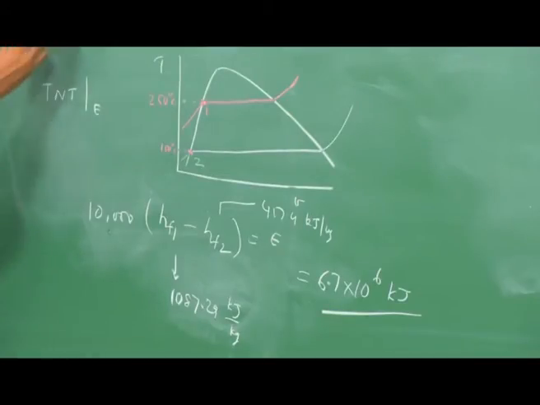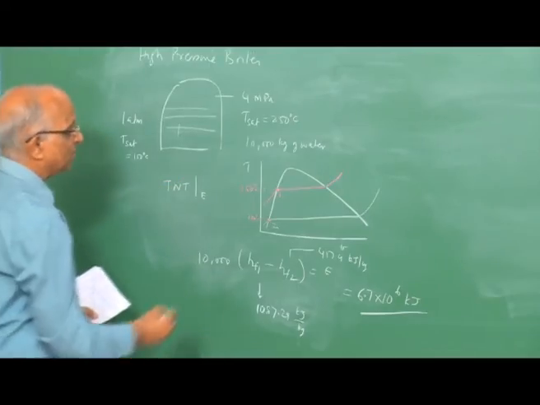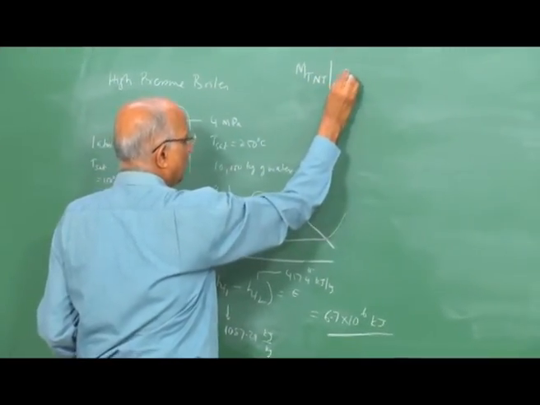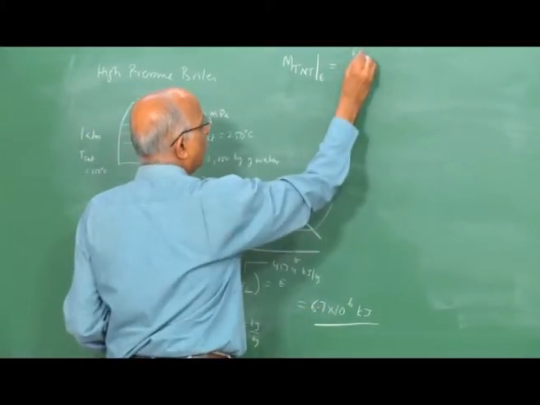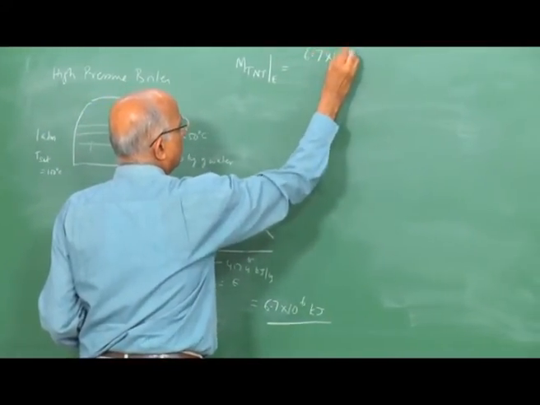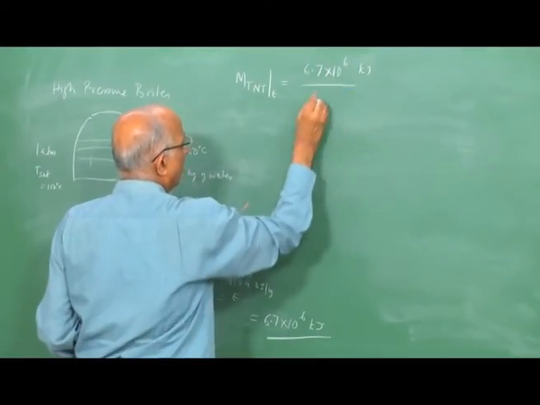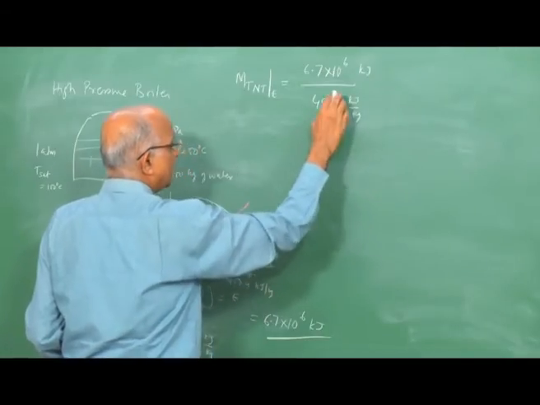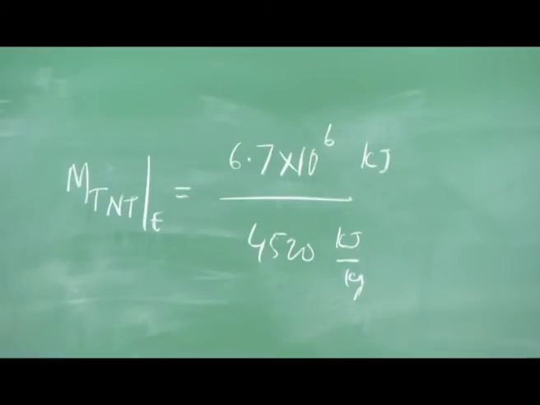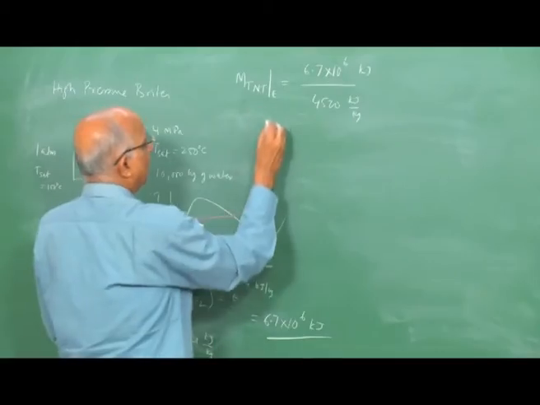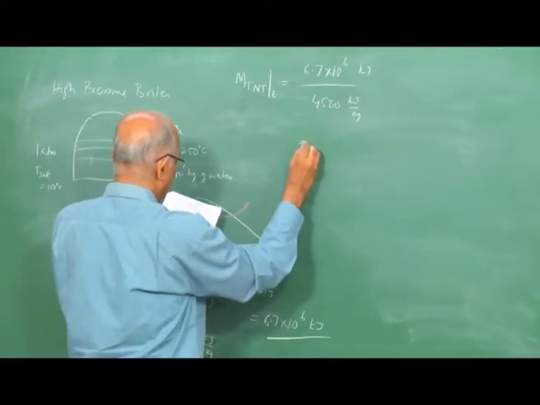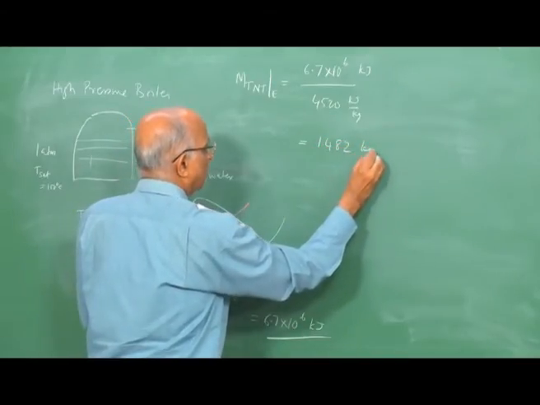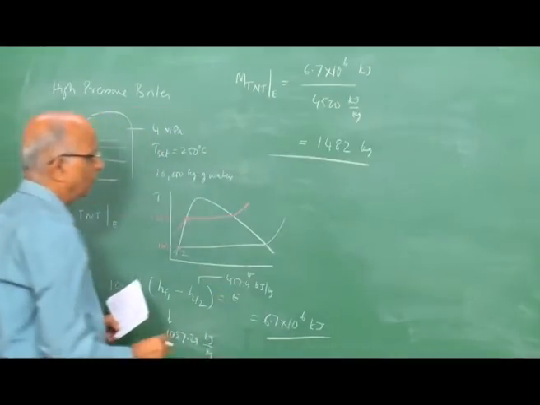Now, I want to find the equivalent mass of TNT for this energy basis. The mass of TNT for the same energy is 6.7 × 10^6 kilojoules divided by 4520 kilojoules per kilogram, the energy content of TNT, which gives 1482 kilograms of TNT.